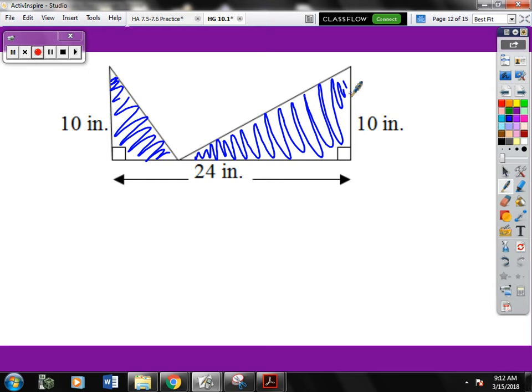Does anyone see another way we could find the area of this shape besides adding them together? Jess? Make a rectangle and a third triangle. Very good. So you can actually find the area of the rectangle, this big thing, and then subtract out the triangle.